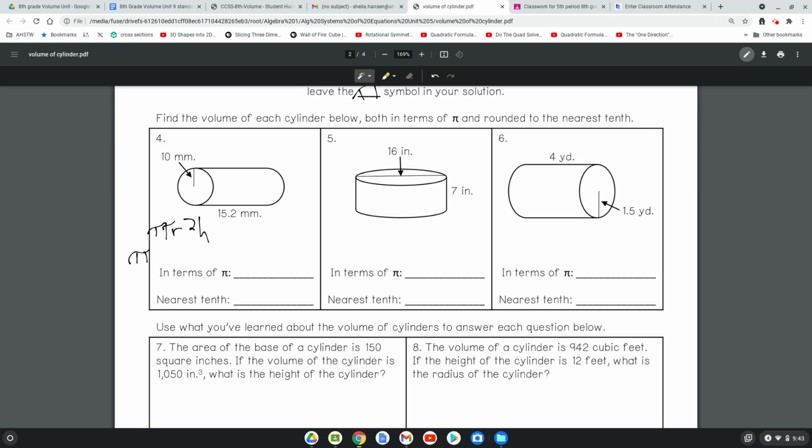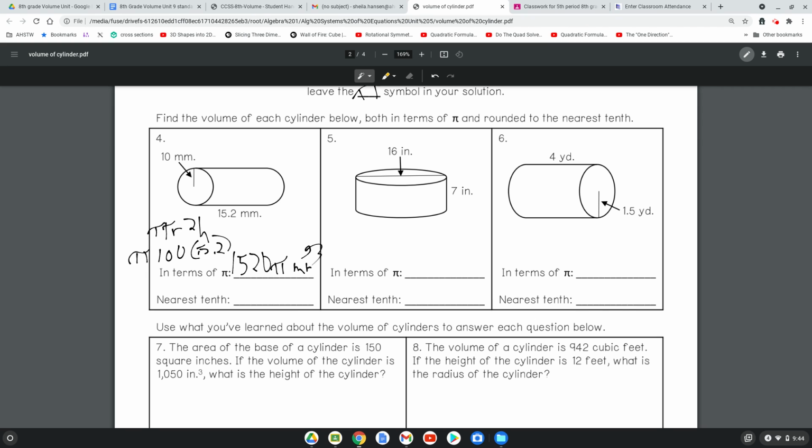The radius is 10. So I'm going to just write 10 times 10 squared is 100. And then the height is 15.2. So we do 15.2 times 100. So we're just moving the decimal over twice. So we get 1520. And then we're leaving pi. And we do millimeters cubed.